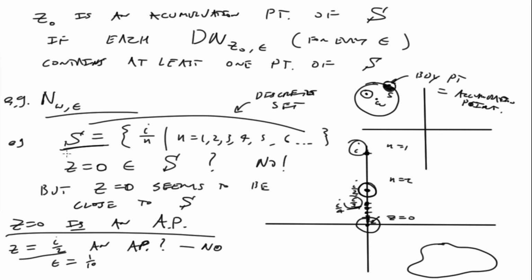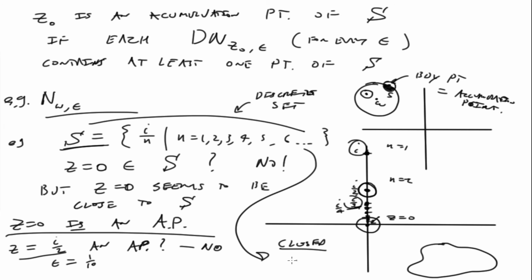So let's talk about some other aspects of this set. One thing, it's closed. I'd say that it's closed because it contains all of its boundary points. Well, it doesn't contain all of its boundary points, but it's certainly closed.